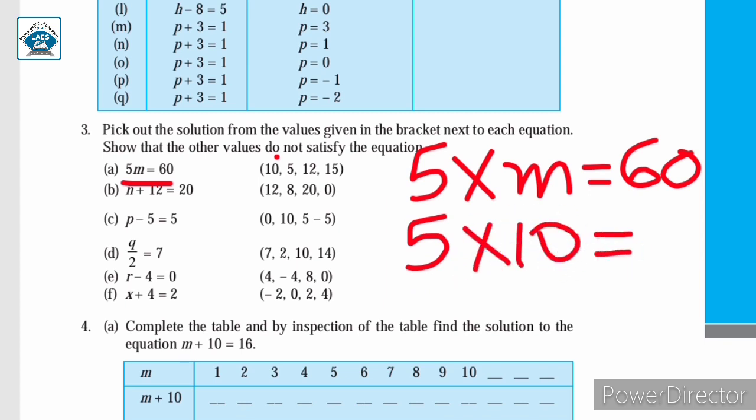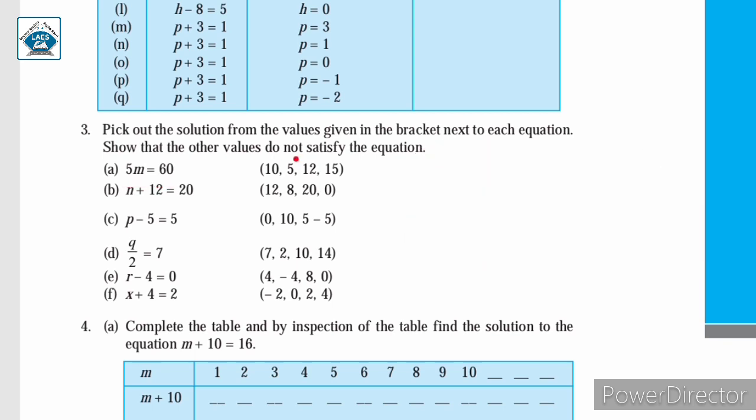Now this is equal to 50, which is not 60. So since we are not getting LHS is equal to RHS, that is left hand side is 50 but right hand side is 60, these two are not equal. Therefore m is equal to 10 is not a solution of the equation.